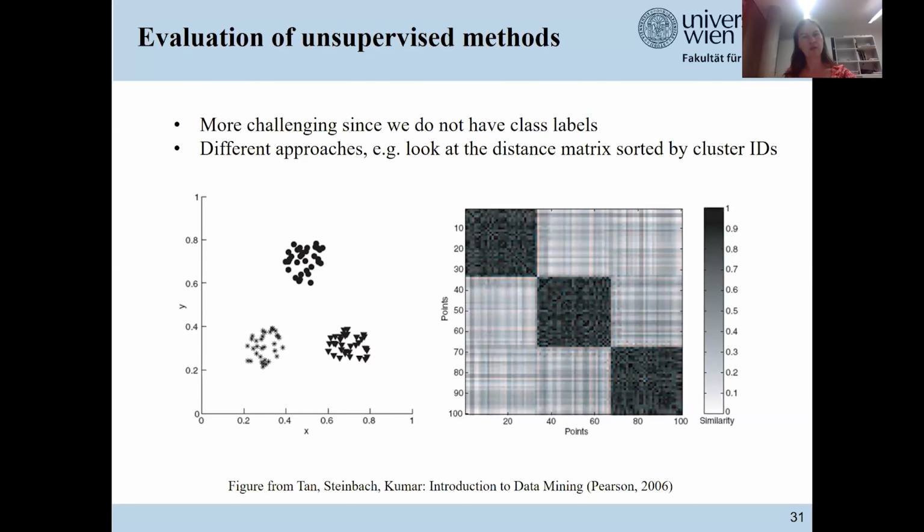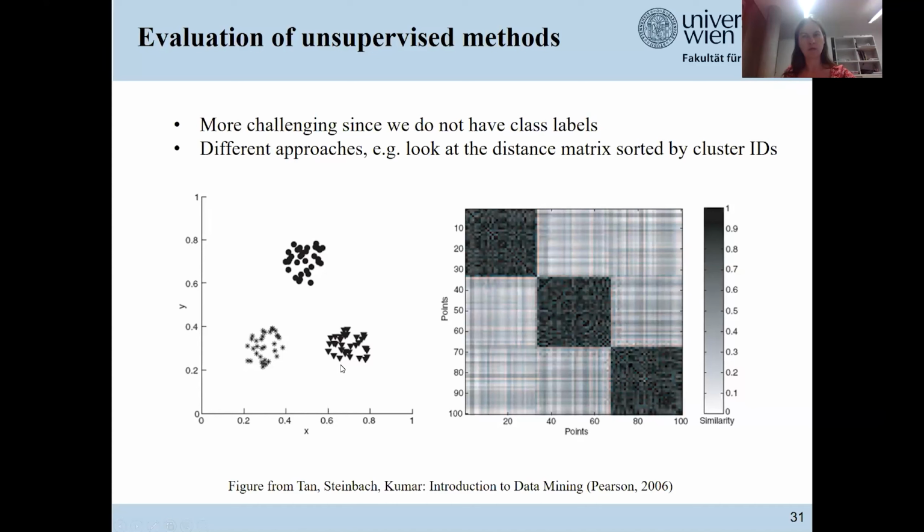And the evaluation of this kind of methods is much more challenging since we don't have any class labels. And there are different approaches. One approach is that we take the clustering result of the algorithm, and then we reorder the distance matrix according to these clusters produced by the algorithm.